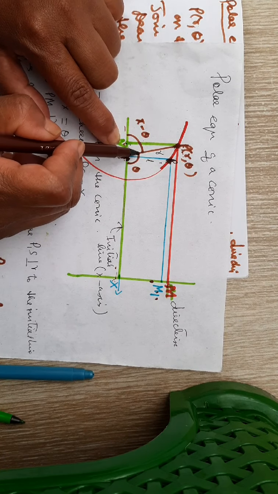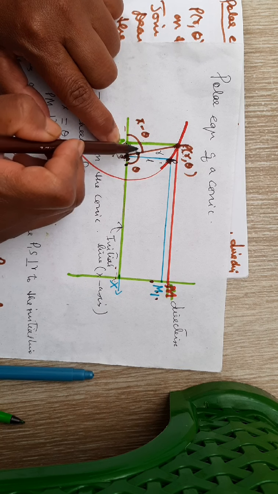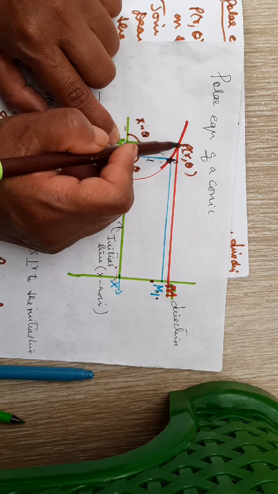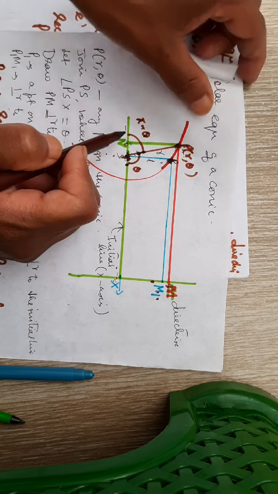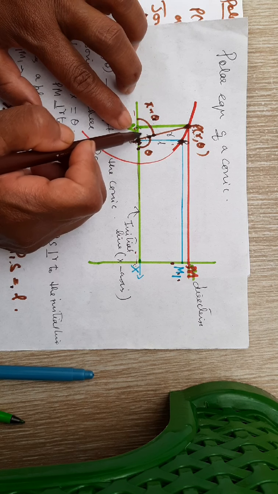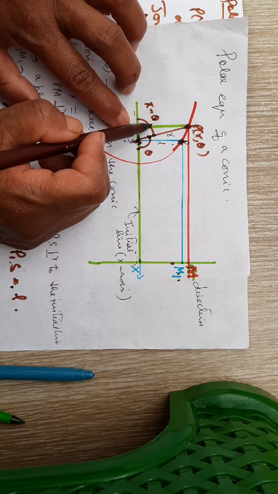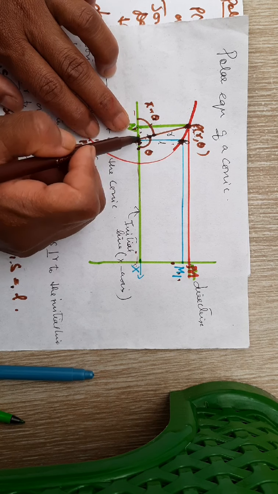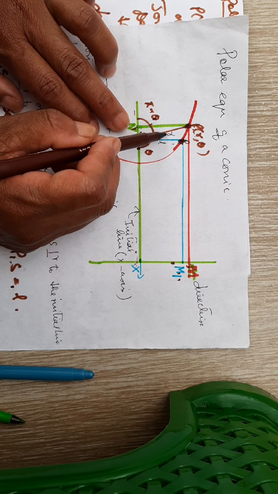Now if theta is the angle from here to here, then the angle on this side will be pi minus theta. You can see that PNS is a right angle triangle where the angle here is pi minus theta. What is NS? NS represents the base and PS, which is r, represents the hypotenuse.